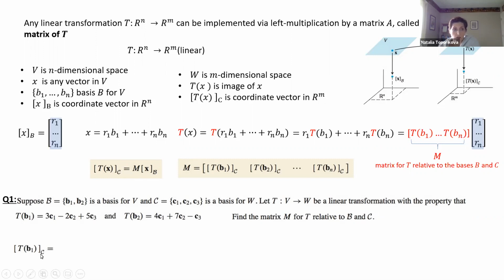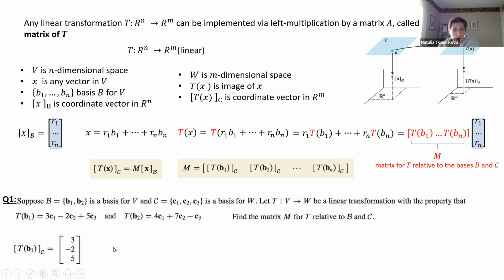Let's start by writing down the coordinates of the images of our basis vectors in the coordinates of C. For T of B1, that would be just our weights in front of the basis vectors C1, C2, and C3. So the first component will give us 3, the second component will give us -2, and the third component will give us 5.